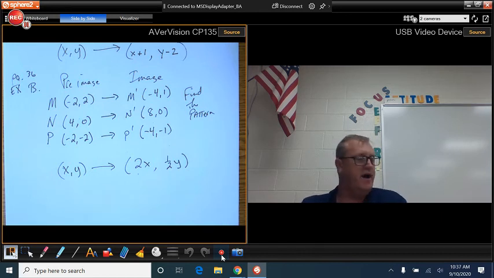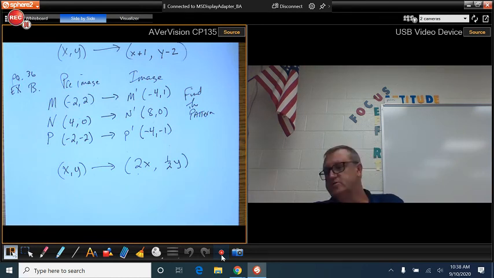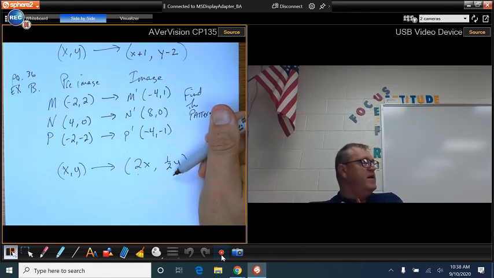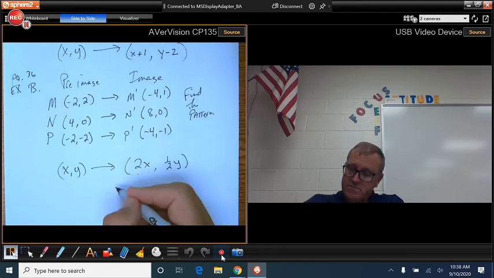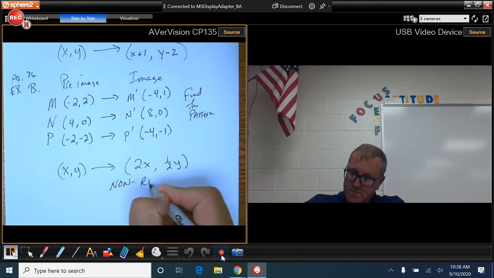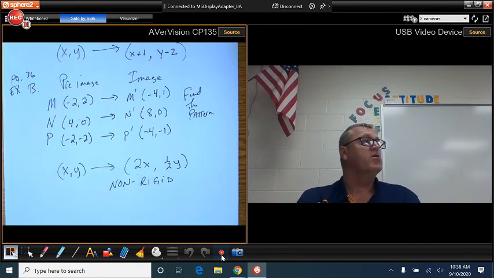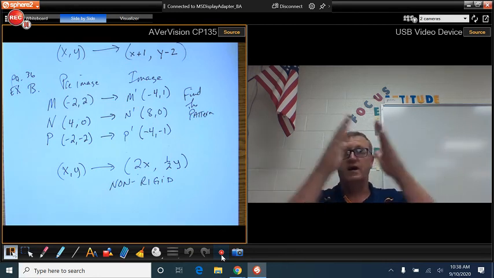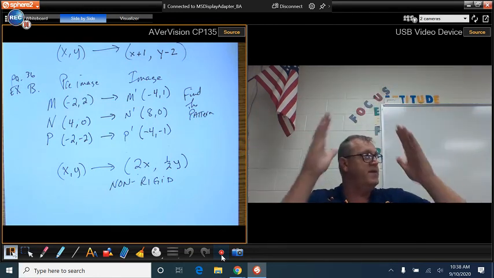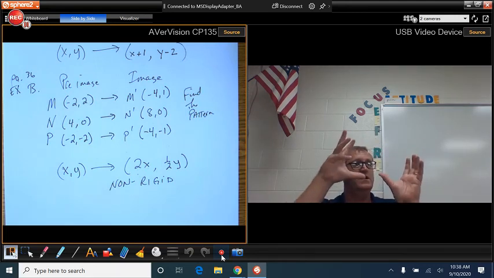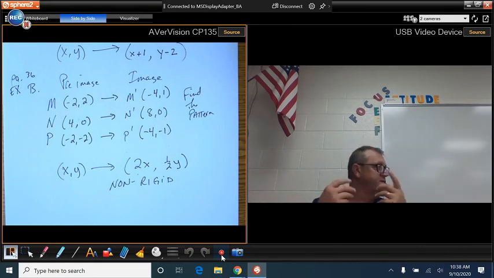Do we even have to graph this? No, not at all. So even when it says confirm that it's rigid, as long as you know that on this one it is rigid, would this one be rigid since we're multiplying? Non-rigid. If you're multiplying by a constant, remember that's when we horizontally stretch or shrink or vertically, remember that? Then it's not rigid. As long as it keeps the same orientation and shape, then it's rigid.